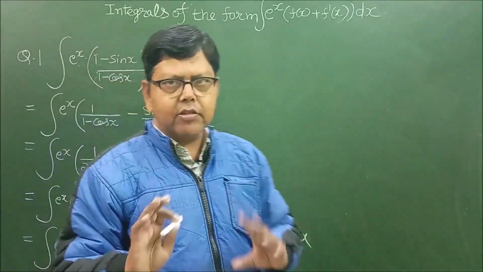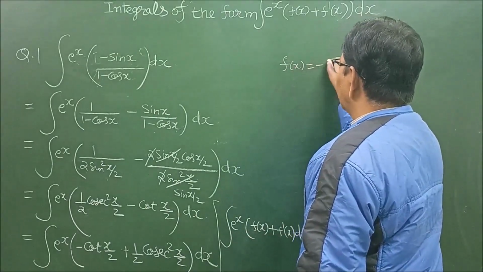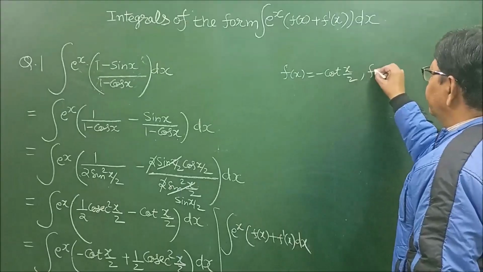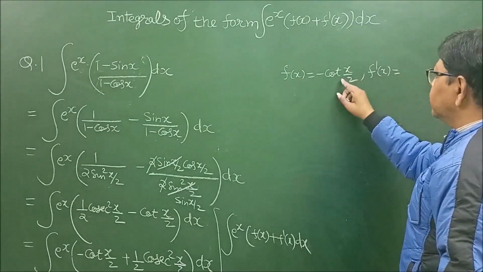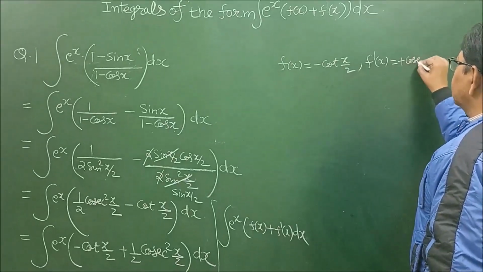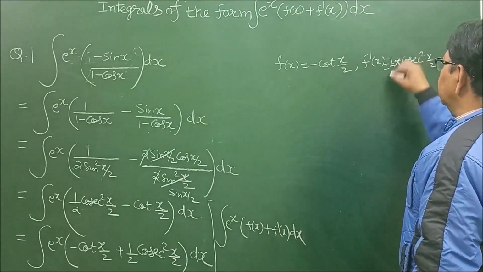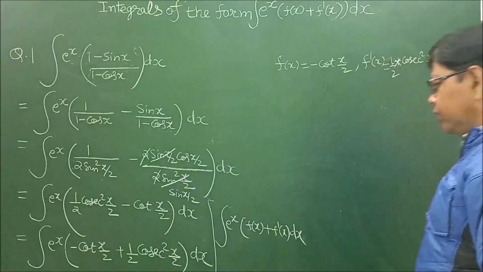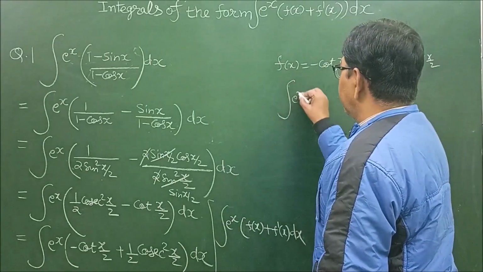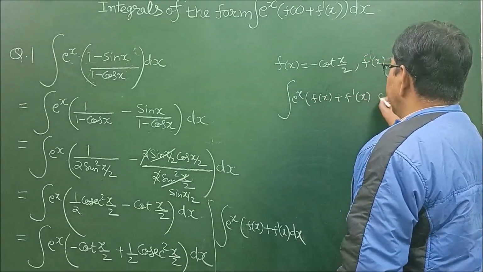So if I take f(x) is equal to minus cot x by 2, then the derivative of this function, f'(x), is equal to minus of minus cosec square x by 2, minus sign is here, so it becomes plus cosec square x by 2, and the derivative of x by 2 is half, so this is equal to half cosec square x by 2, which is here. So now this integral reduces to the form integral of e raised to the power x [f(x) + f'(x)] dx.